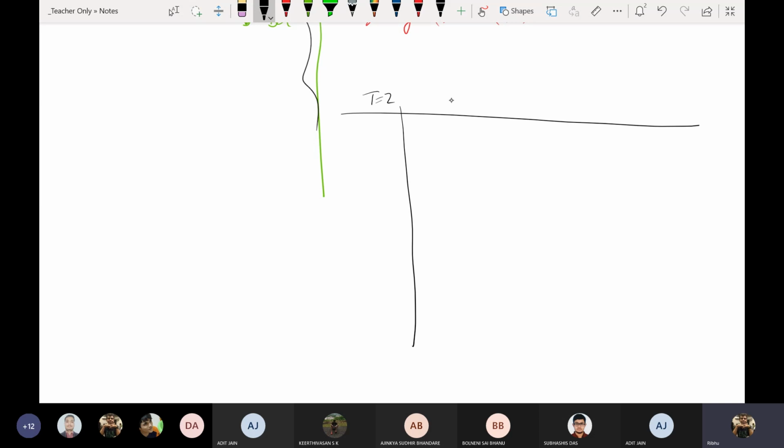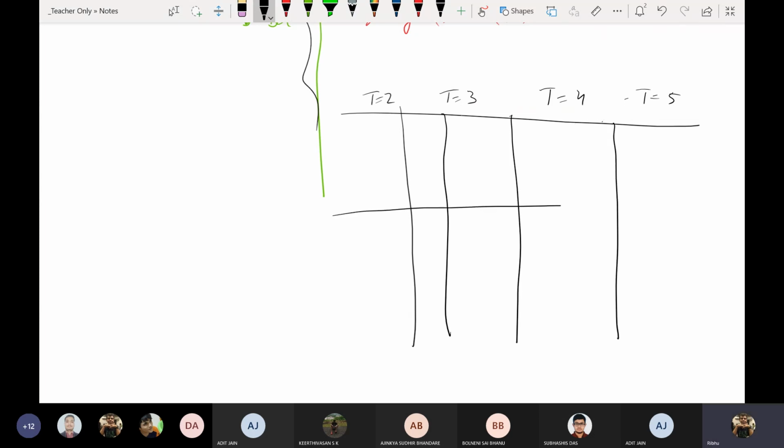This will make things slightly simpler. t equals 2, t equals 3, t equals 4, t equals 5. S0, S1. Fine. So 0 0, 1 1, 1 0, 0 1.